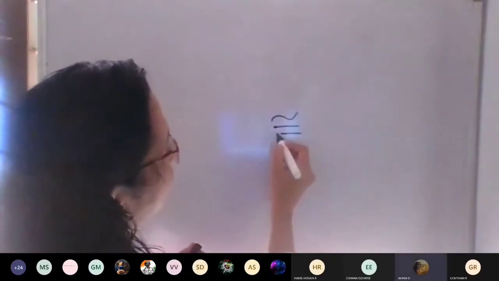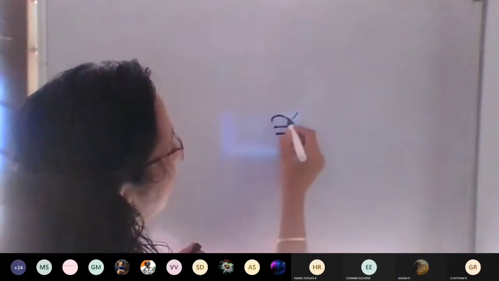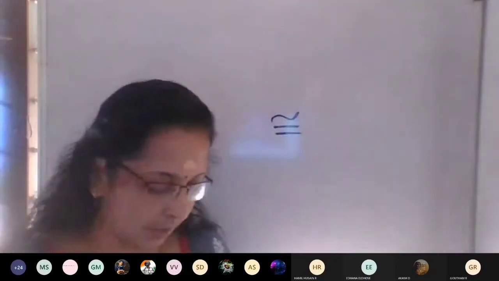What is the symbol for congruency? Two lines and up wave. The symbol for congruency is two equal signs and one wave. The wave is known as the similarity sign. Next year we will study that similarity sign. So triangle ABC, the symbol is read as 'is congruent to'. That also you have to write.